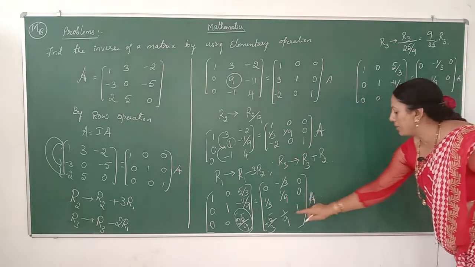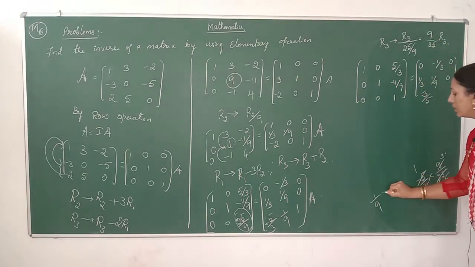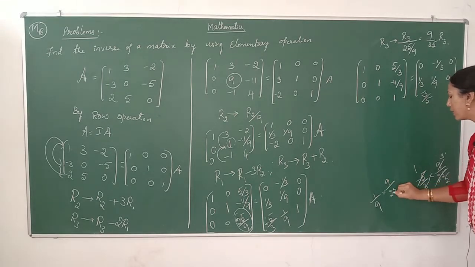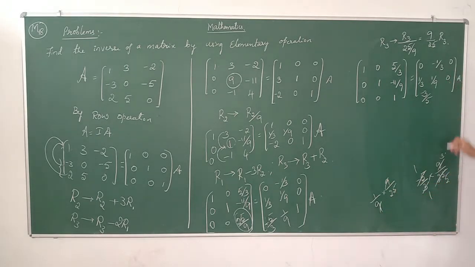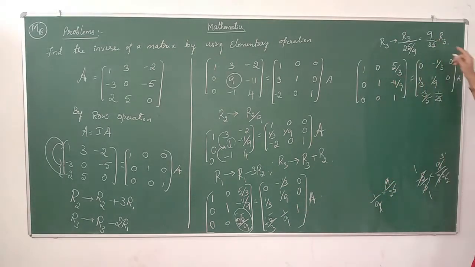Similarly, the second element: R3 is 1 by 9 into 9 divided by 25. The 9 gets cancelled, giving 1 divided by 25. And the last element, 1 into 9 by 25, can be written as 9 divided by 25. These are the elements of R3.